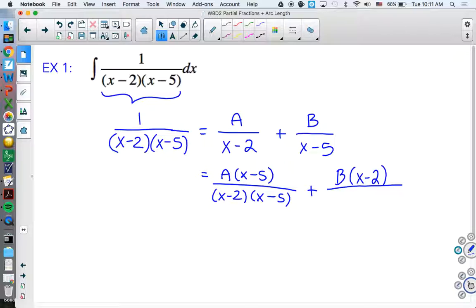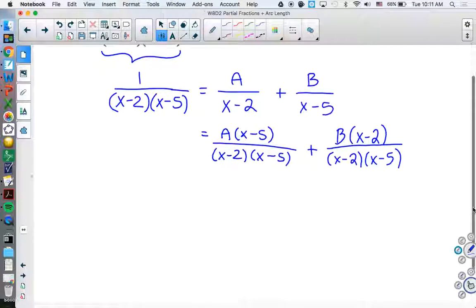Remember, whatever we multiply in the numerator, we also need to multiply in the denominator. Now do we have the same denominators? Yes. Okay, we're going to combine the numerators, and I want you to go ahead and actually multiply out the numerators. So distribute that multiplication.